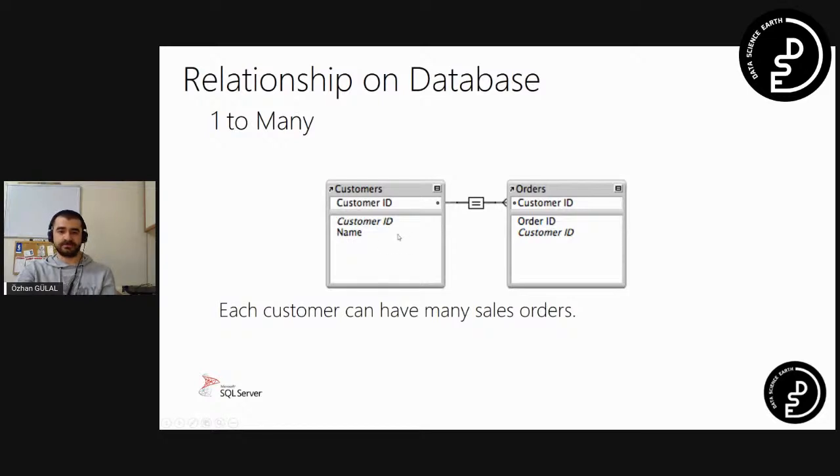There's a customer table with customer ID, name, surname, it doesn't matter. One customer can have a lot of orders inside of the orders table. Each customer can have many sales orders, but each order is connected to only one customer. That's it, okay? And we call this relationship one-to-many.